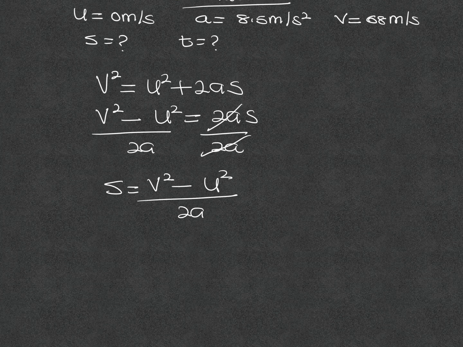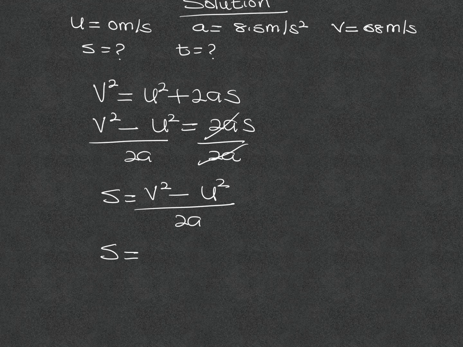We can now substitute the values. So s is equal to the final velocity, 68, squared, minus the initial velocity, 0, so we square that. Divide by 2 multiplied by the acceleration, 8.5.